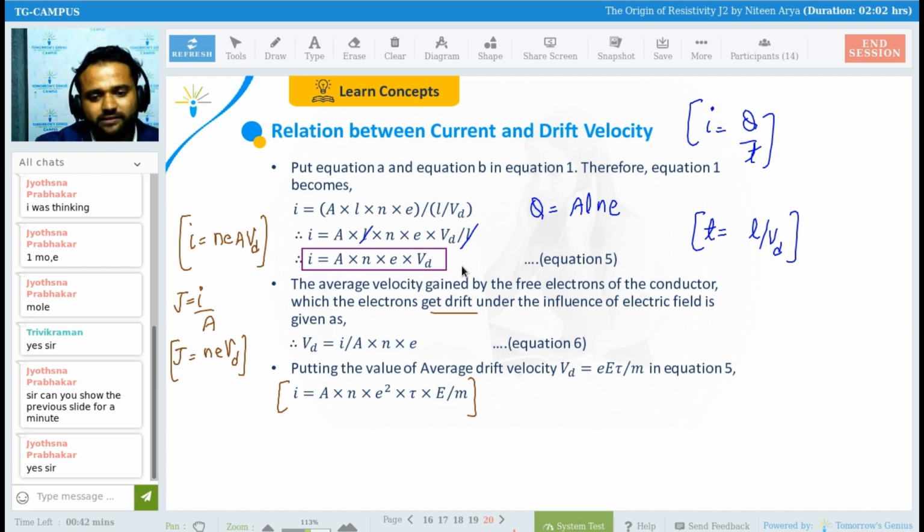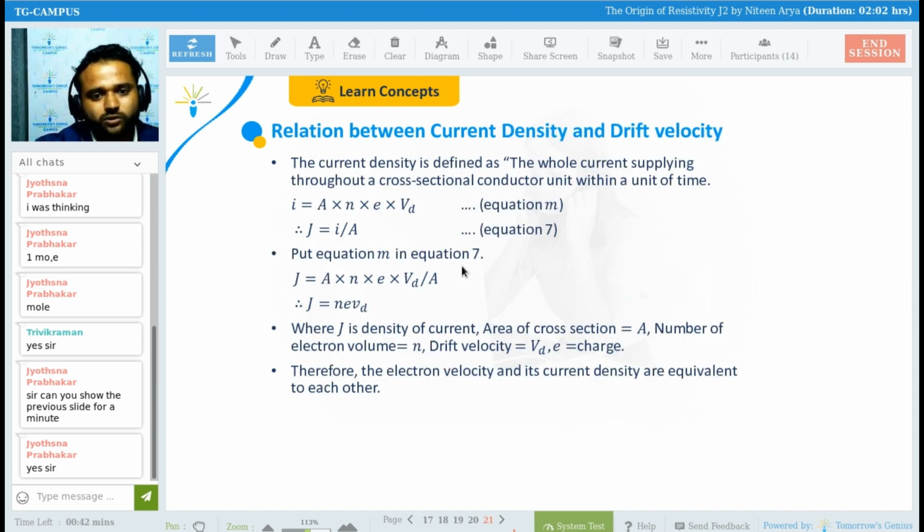So doing that, we can get this relation. So as you can see, I equals to nevd, J equals to I by A, putting equation 7 in the above equation. So just formulation from one equation to another equation, nothing more than that. Therefore J equals to nevd.